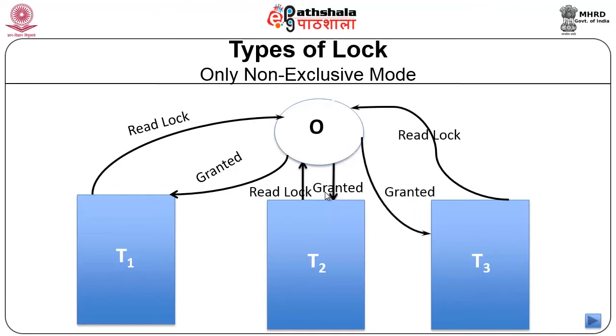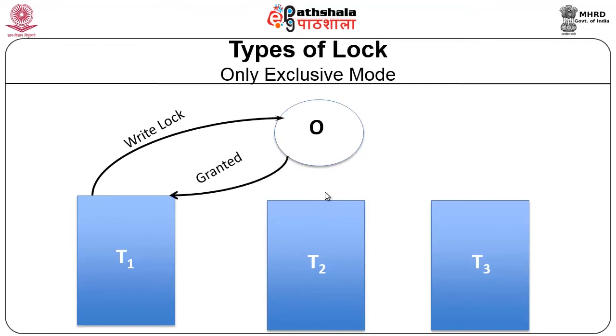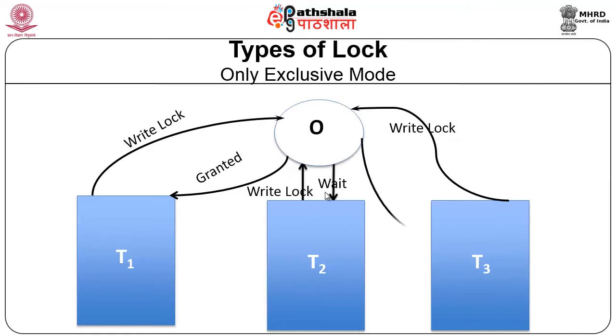This is what a non-exclusive lock is. So, any number of transactions can acquire the lock. For an exclusive mode lock, if T1 asks for a write lock, the first time it will be granted. If now T2 asks for a write lock, it will be asked to wait, and similarly if T3 asks for a write lock, it will be asked to wait.